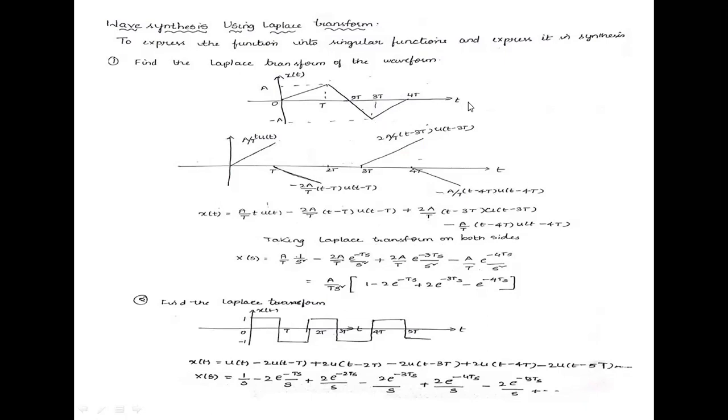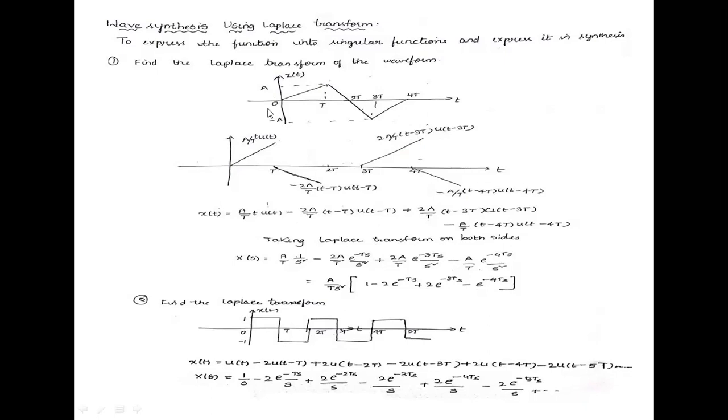So individually you can find the slopes, and after that you can apply the Laplace transformation to find the total signal x of t. First of all, I am taking A by T into t into mu of t as the slope.